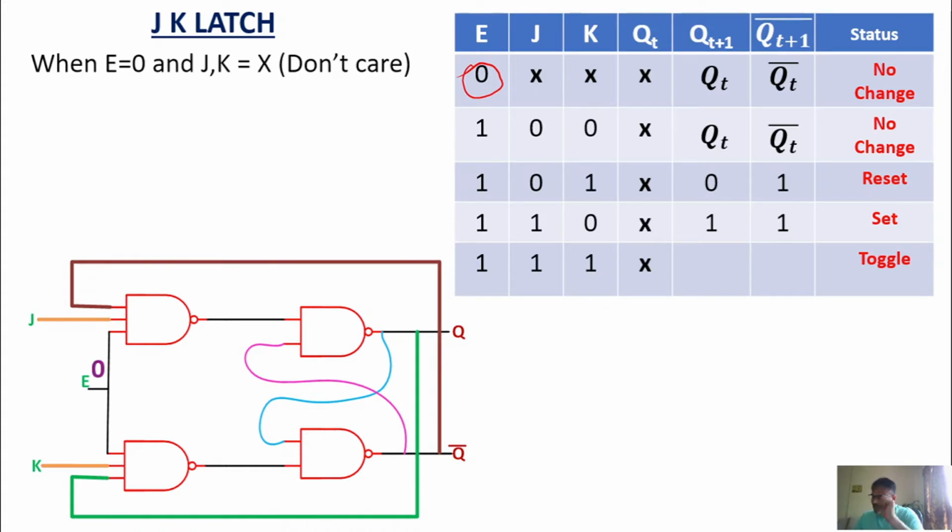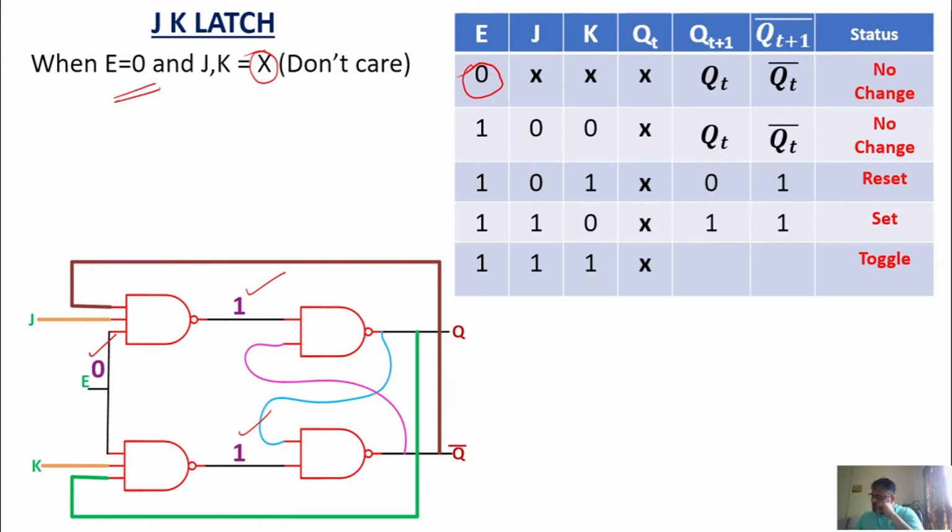Now first, let E be 0 and J and K are don't cares. Now let us see what is going to happen. See, the moment you give 0 here, you all know if one of the inputs to this NAND gate is 0, output goes to 1. So both the outputs go to 1 here.